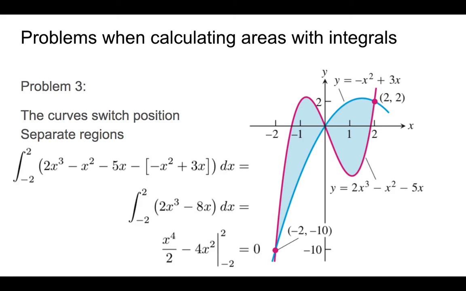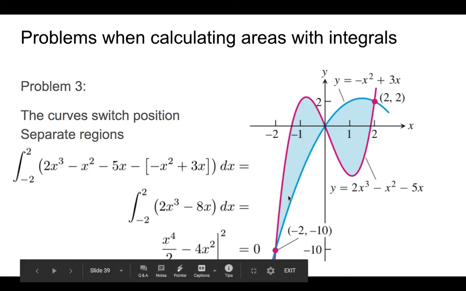You might be tempted to say, well, the first thing that I saw was the red one going on top, so I'm going to put the red one first, I'm going to put the blue one later. This is a regular thing given in terms of x, a regular function. Your integral will be something like this, -2 to 2, function 1, function 2, red 1, blue 1. But if you actually simplify this and evaluate, you'll get 0.